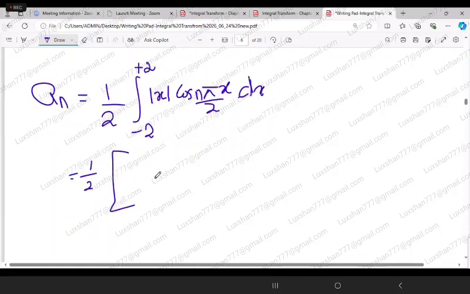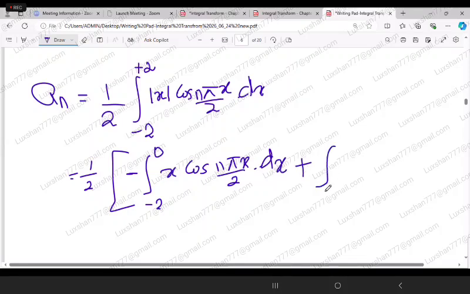Like earlier, we have to split the interval. So that becomes minus 2 to 0, minus x, so I'm taking that minus out, cos(n pi x by 2) dx, plus integration 0 to 2. In that range, it is x cos(n pi x by 2).